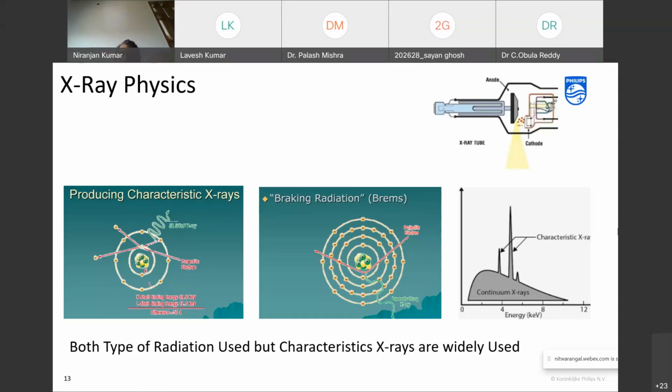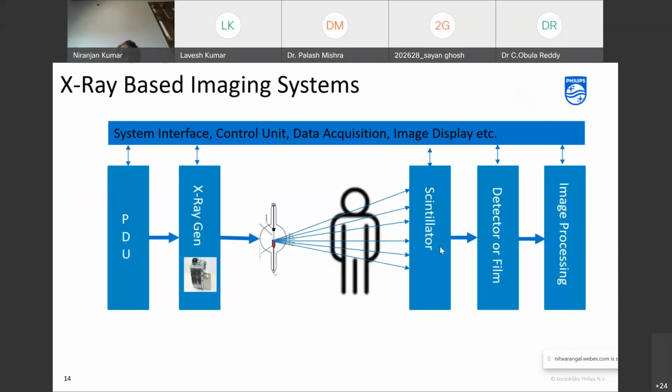Theoretically, there are some types of target material and transmission type where braking radiation is used, but the widely used one in the X-ray tube is characteristic X-ray.